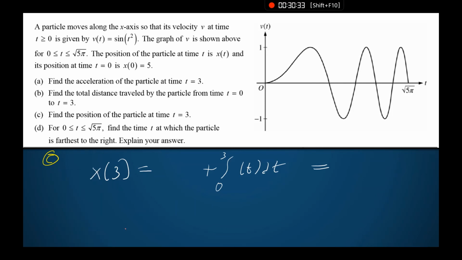5. Right. So my general form there was x at 3 equals wherever we were at 0 plus my change in x from 0 to 3, which is what this integral actually is.